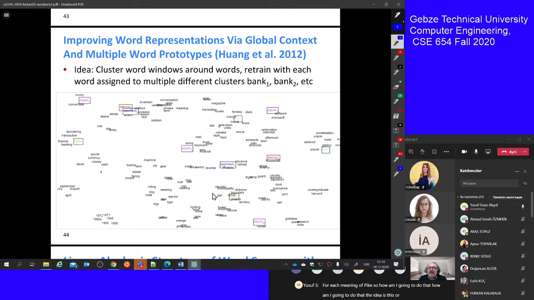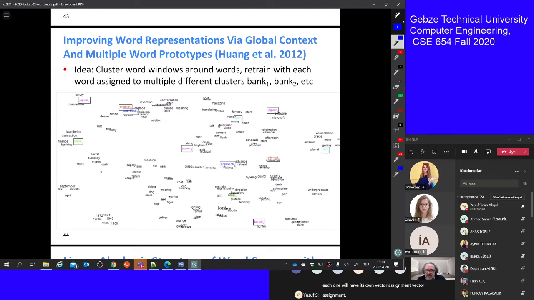Cluster word windows around words and retain each word assigned to multiple different clusters. So you first treat each word occurrence as a different word and start assigning vectors to each different word. Then try to merge them together if their vectors are close. In that case, you are going to get many different clusters for each word, and each one will have its own vector assignment.